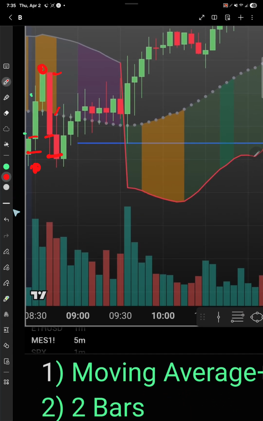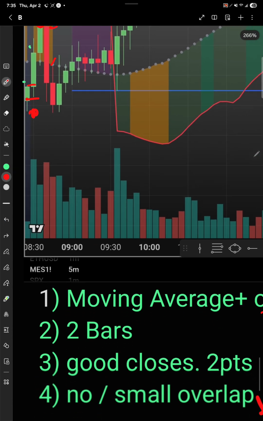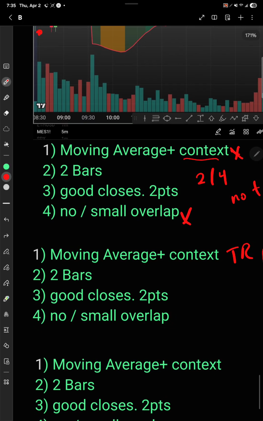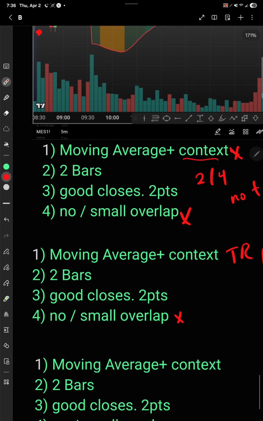Look at how much this bar overlaps this other one right here. Look at all that overlap. Only this little tiny part of the bar is not overlapped. That's no good for me. Okay, so let's say I gave it the good closes. There's no overlap, so that's an X for me.